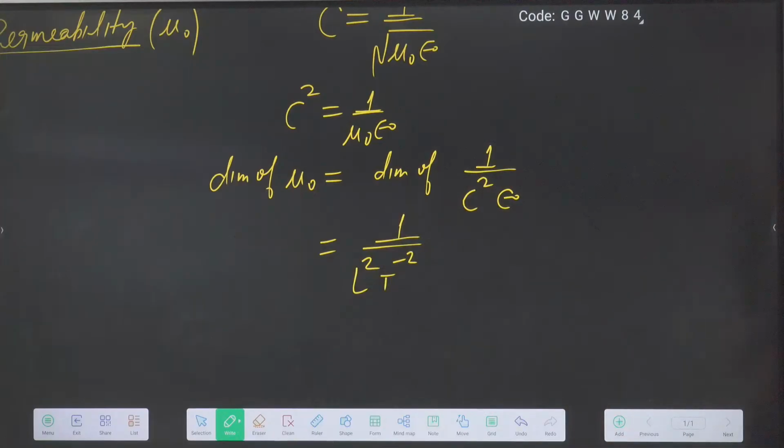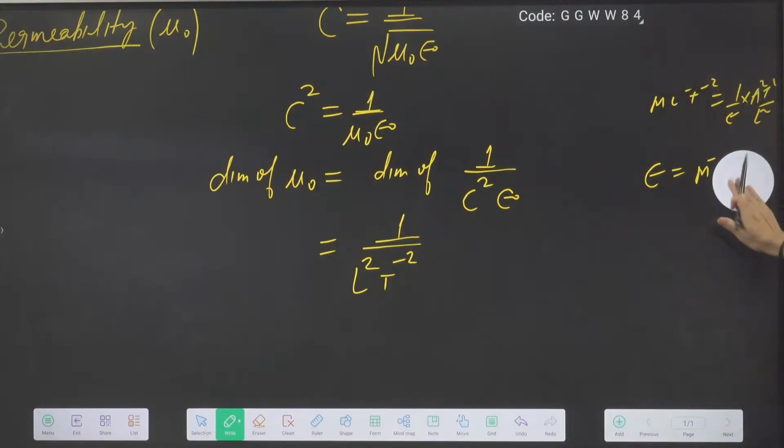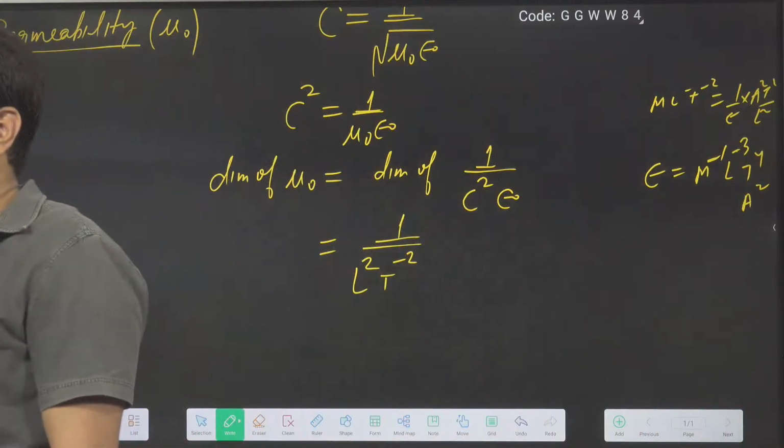Anybody will say the permittivity dimension? So ML2 T minus 2 is equal to 1 upon epsilon into A square T square by L square. L will get cross multiplied, so epsilon you will get M minus 1 L minus 3 T to the power 4 A square.